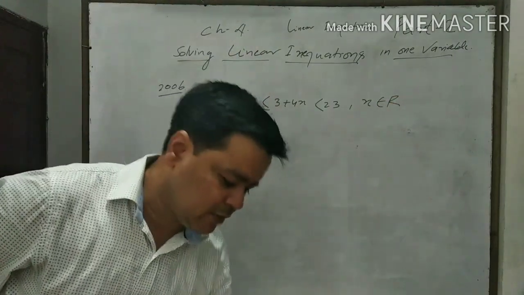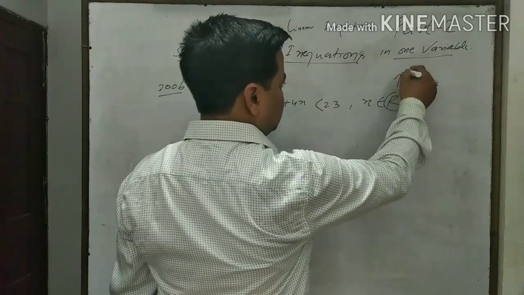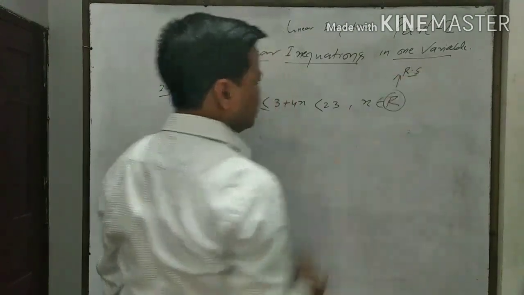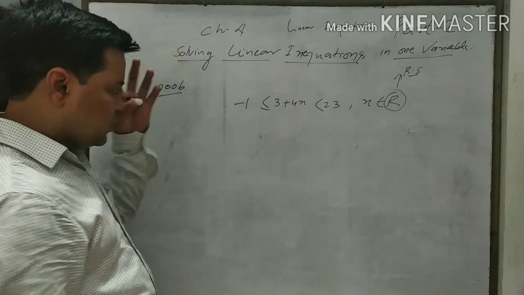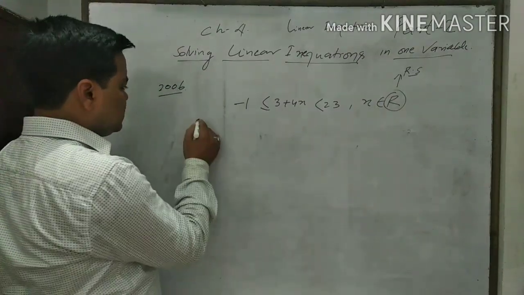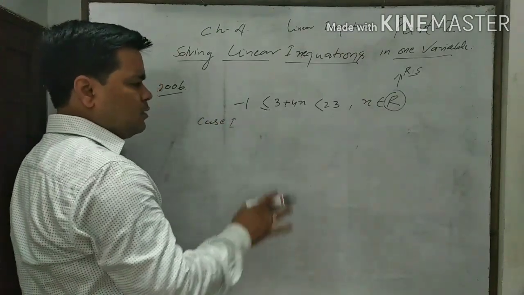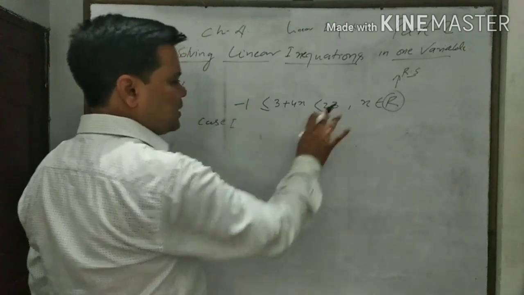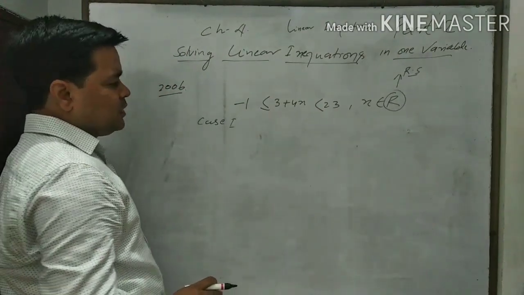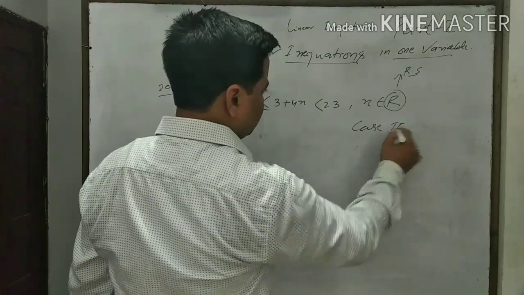Here the replacement set is the real numbers. Now what do we do? To make it easy, we make two cases. We can solve directly also, but it will be easy if we make case first and case second.